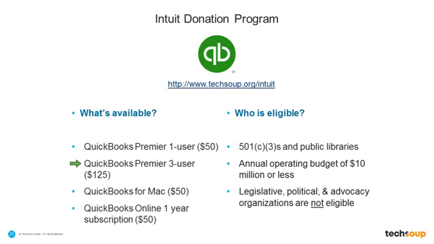So if you need more than 3 licenses, you can just wait and get another set the next year. QuickBooks for Mac is available again. It was not available a couple of weeks ago, but it will be retiring soon according to Intuit, so they'll be trying to move folks onto QuickBooks Online at some point, I'm sure. That's available on our site at TechSoup.org/Intuit.